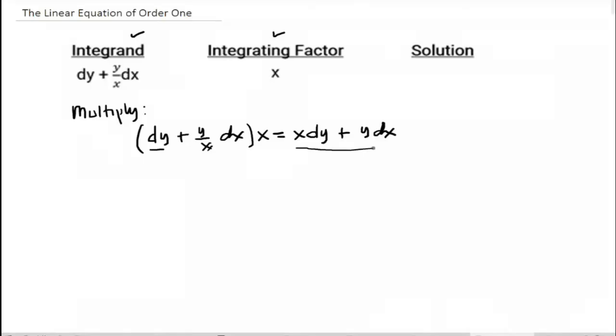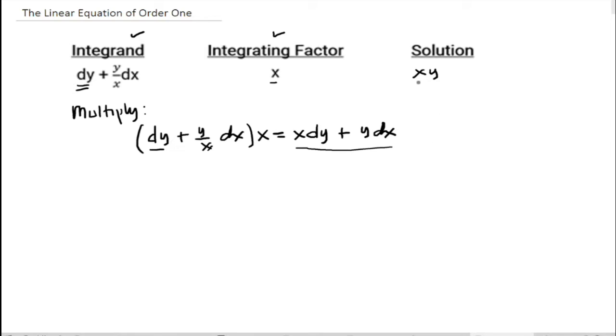And this expression is an exact. You can check this with the solutions we have presented in our previous discussion. But anyway, the answer for this exact is x, the integrating factor, and the integral of dy, which is y.